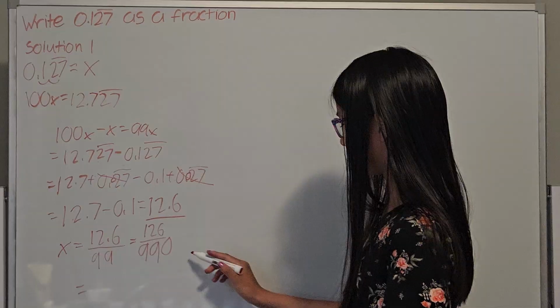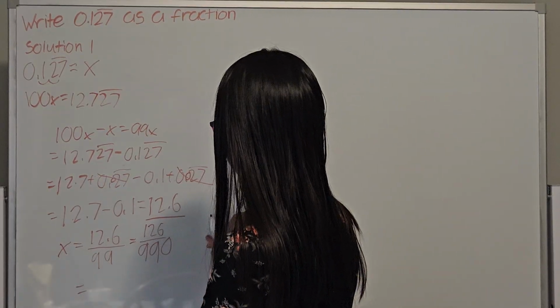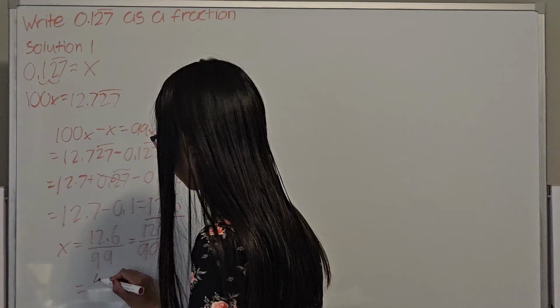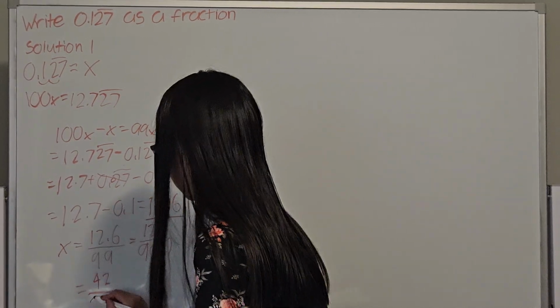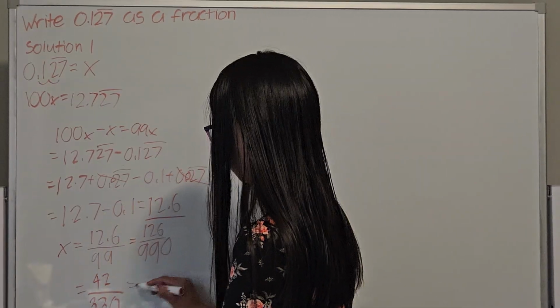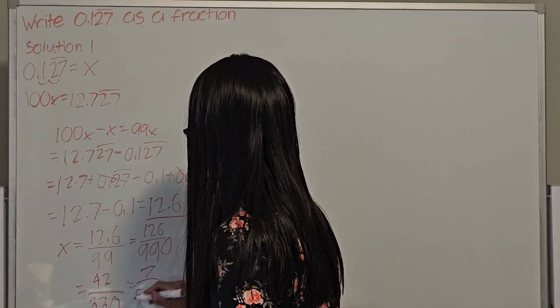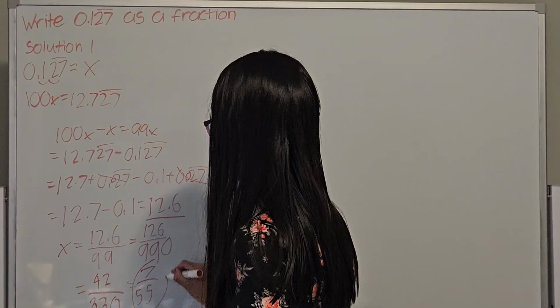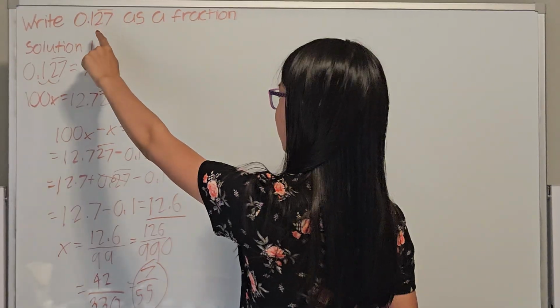Okay, so we need to simplify this. So we could divide both sides by 3, and then we could divide both sides by 6, which gives us 7 over 55. So this is the fraction to that number.